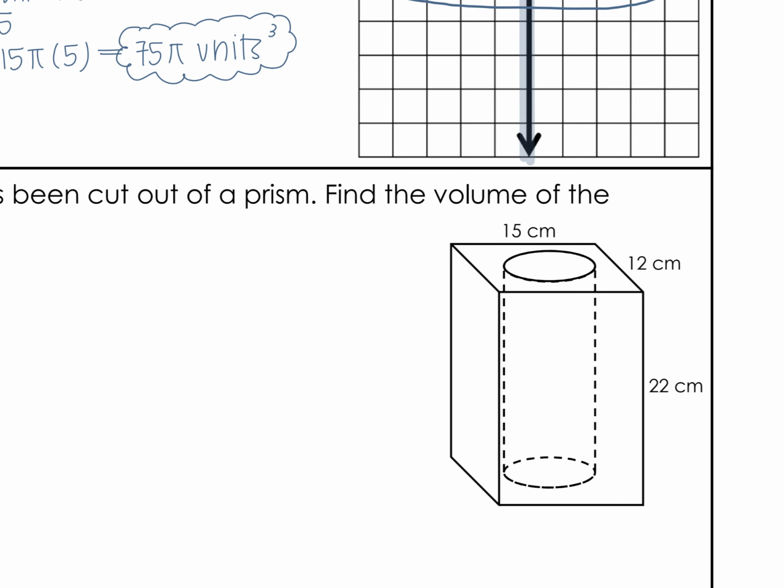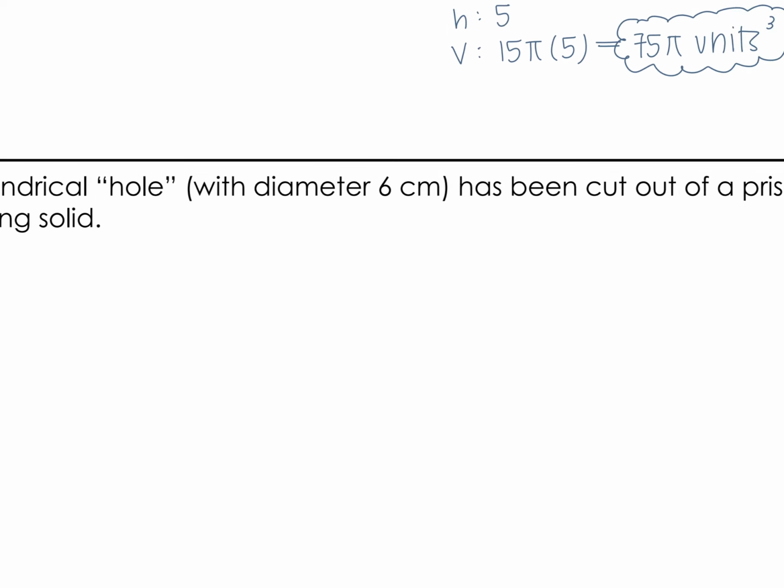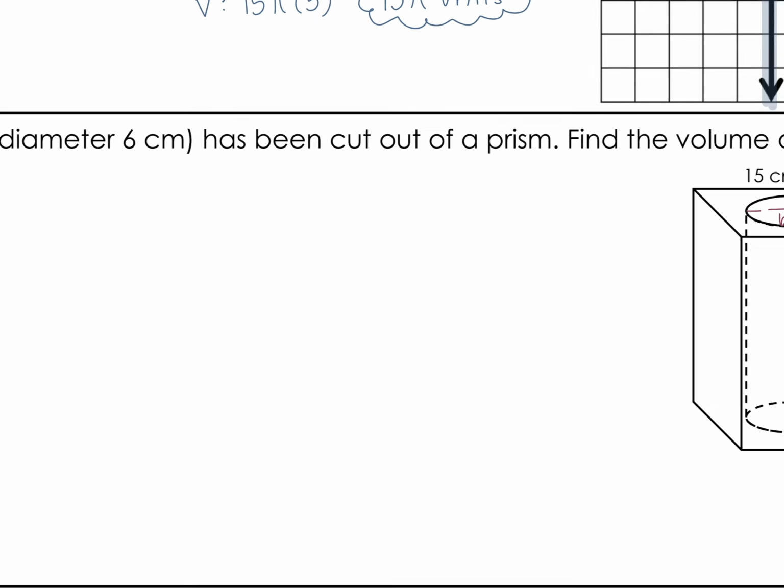Okay, so real quick, I'm just going to draw on here that I have a diameter of 6, which just means that I'm going to have a radius of 3. All right, we're going to find the volume of the remaining solid.